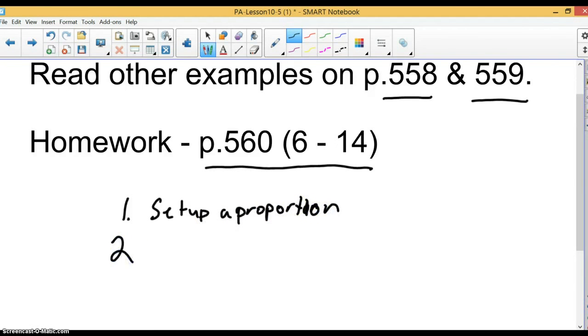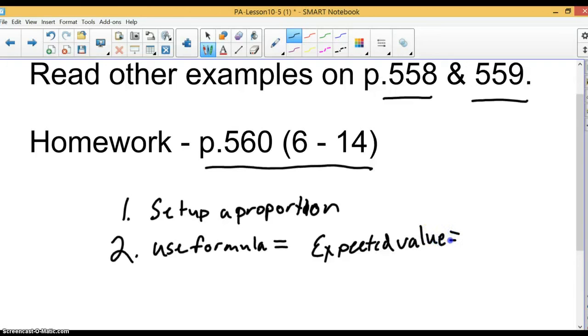Or two, use our formula. And for that formula, we had expected value equals our probability times total.